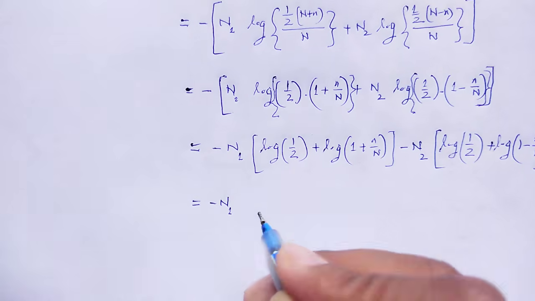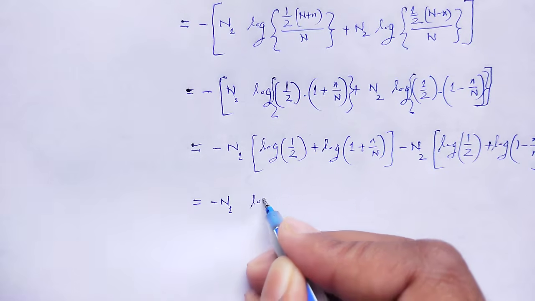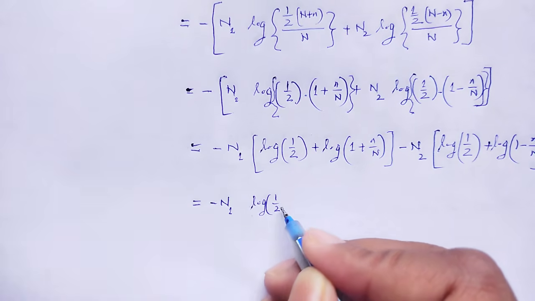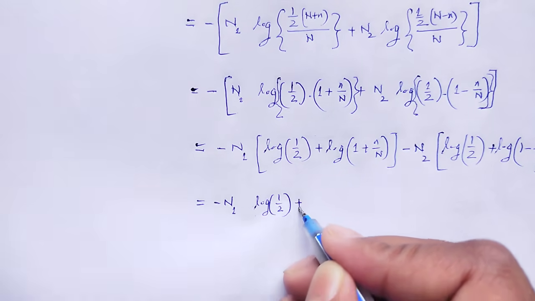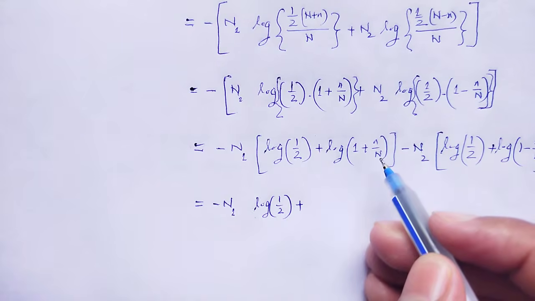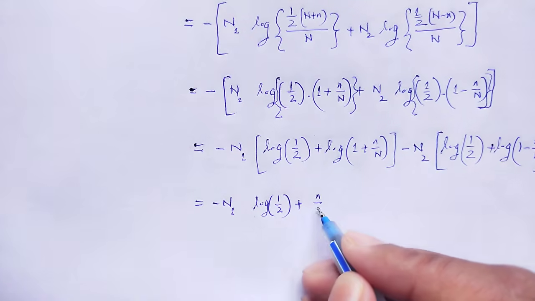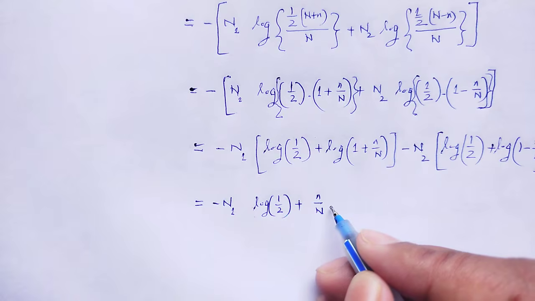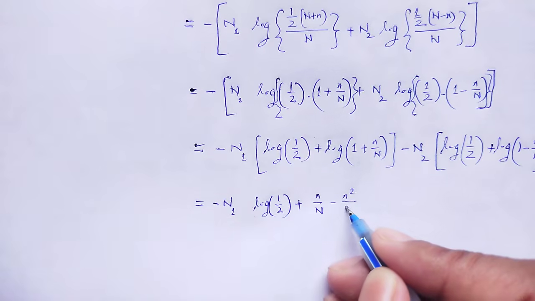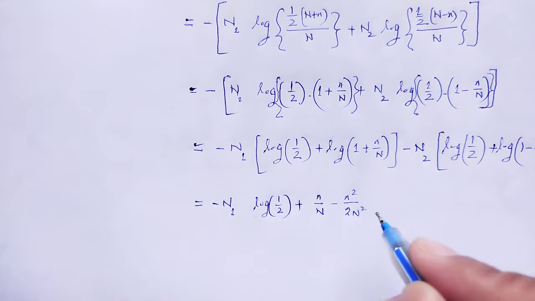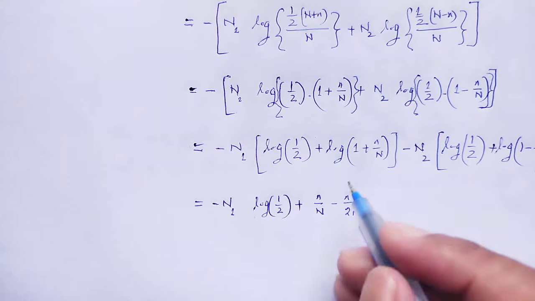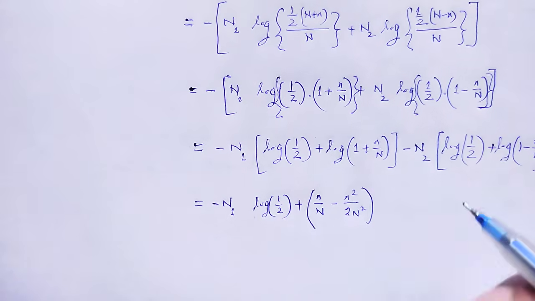Minus n1 log half plus log 1 plus n minus n, expansion as n by n plus n square divided by 2n square up to second term. Higher terms are neglected.